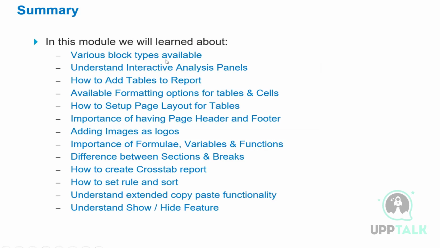These are the topics that we have covered: various block types, to understand the panels in Launchpad, how we can add tables into reports, the available formatting options for tables and cells, how we can set up page layout for tables, header and footer, how we can add images as logos, how we can create formulas and variables, the difference between sections and breaks, how we can create a cross-tab report, how we can set a rule for conditional formatting, how we can sort, the extended copy paste functionality, and the show hide feature. These are all the topics covered under this module.